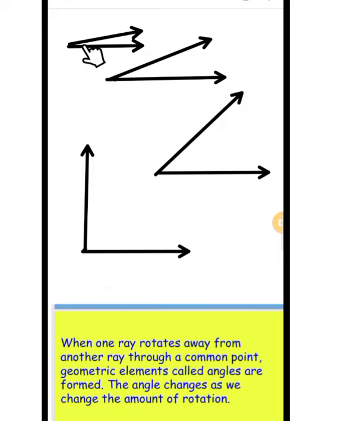One ray rotates away from the other ray through a common point, so angles are formed. See these angles, we have different sizes. The angle changes as we change the amount of rotation.